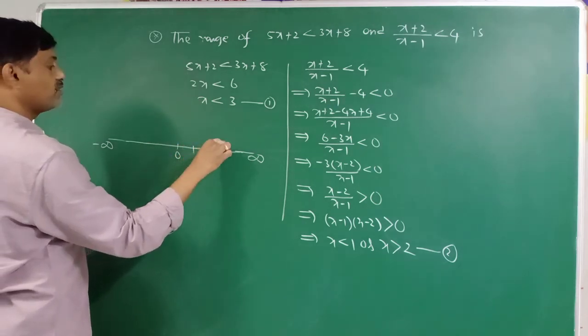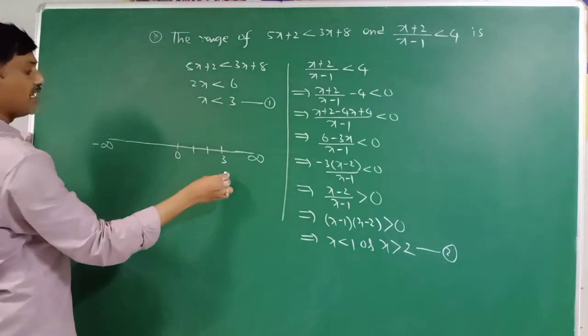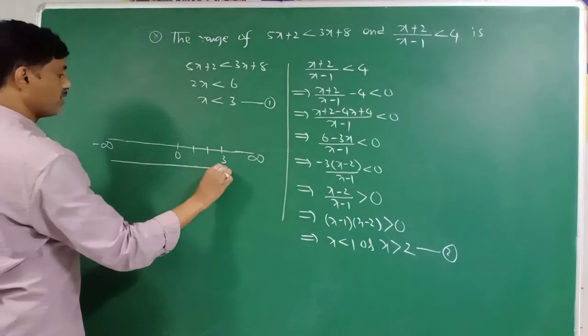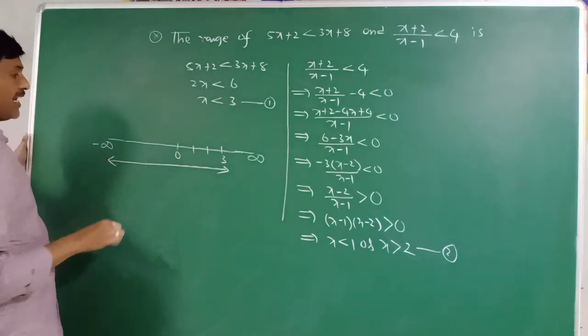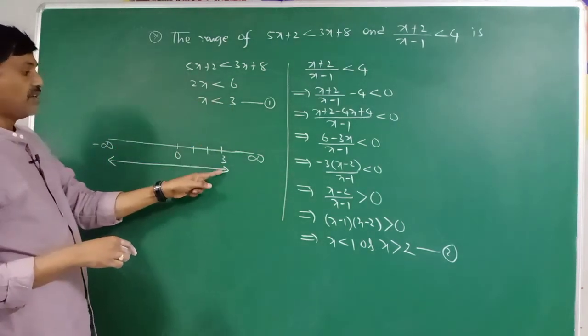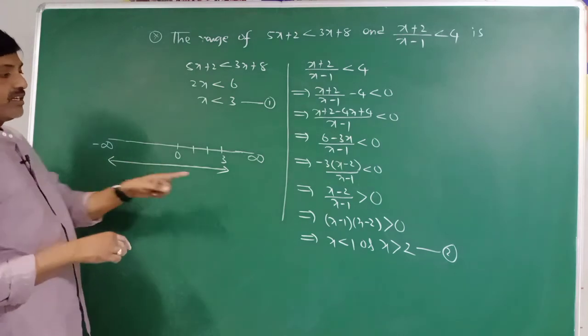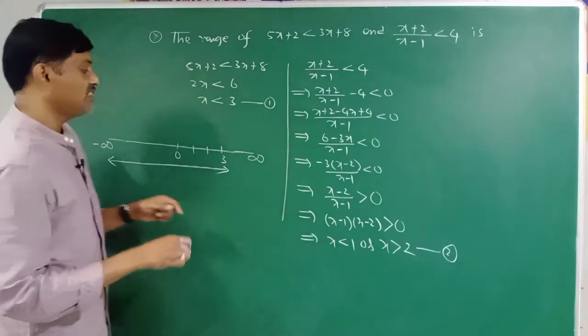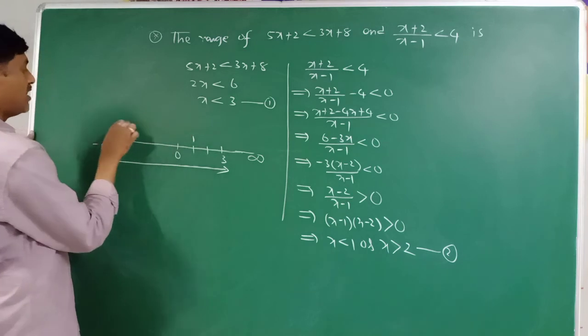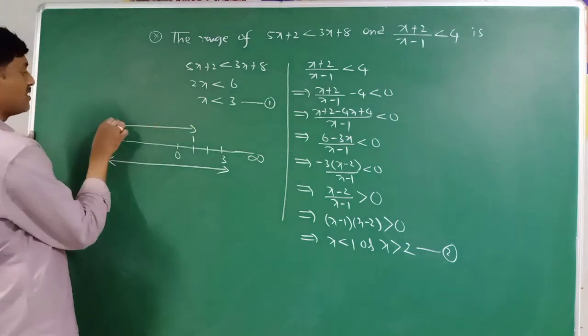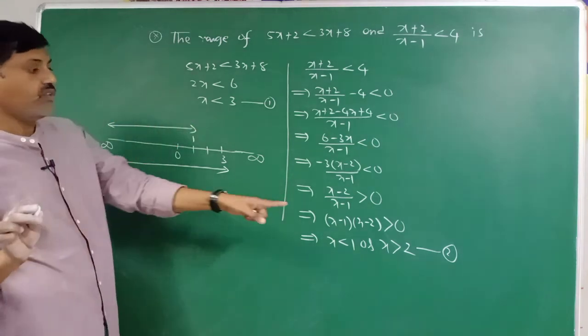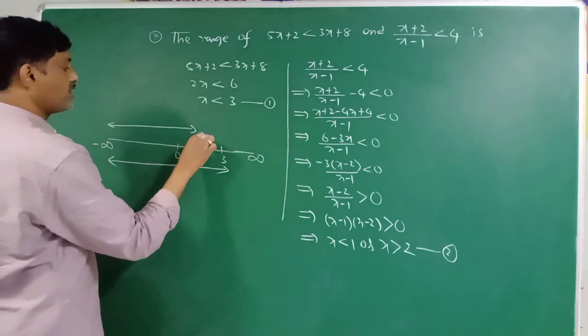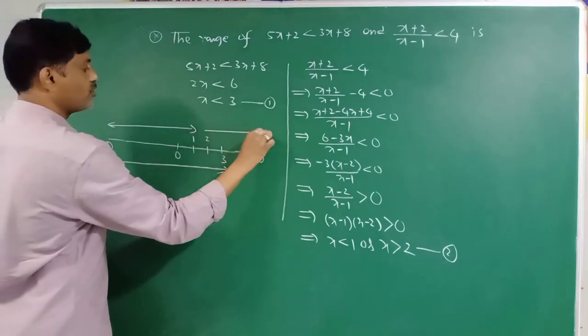Here 1, here 2, here 3. x less than 3 means everything to the left of 3. Now the second: x is less than 1, here is 1, this is our portion. Next, x is greater than 2; here 2, and x greater than 2 means to the right of 2.